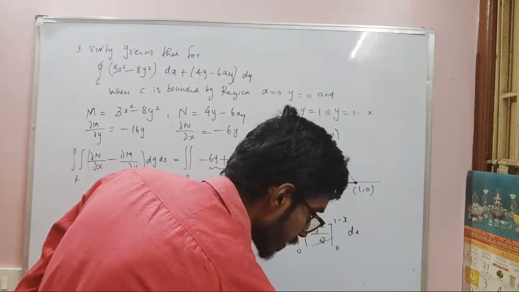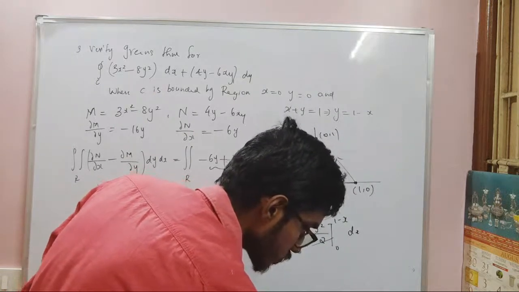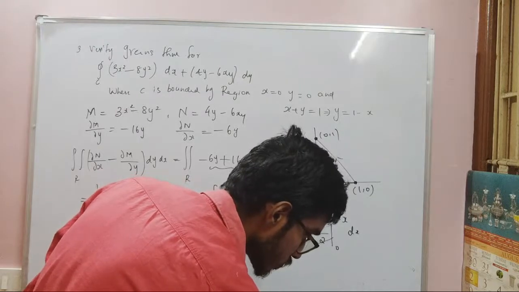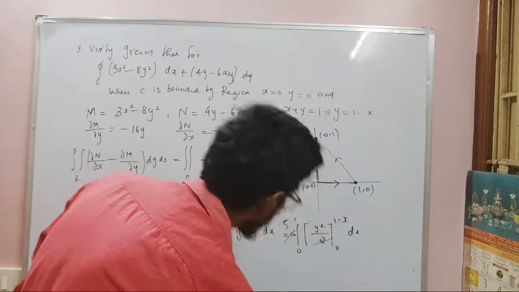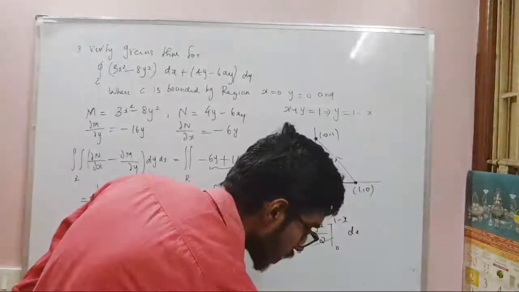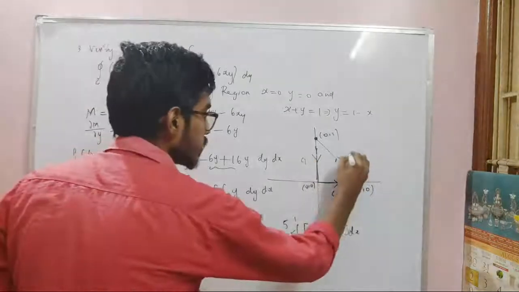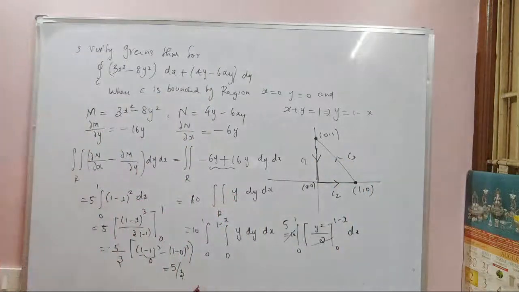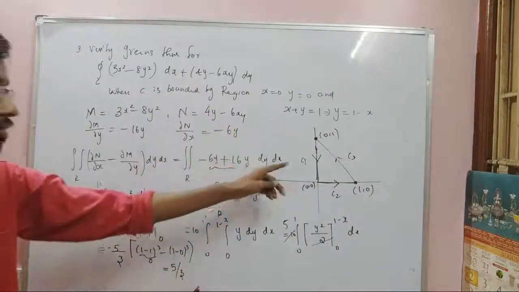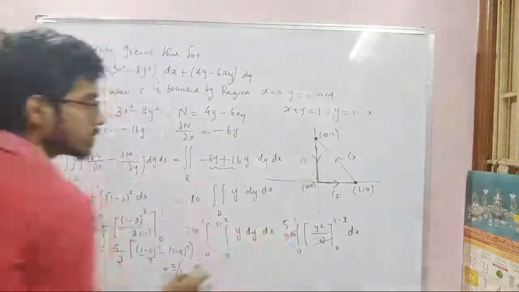Now we need to find the line integral. We have 3 curves, C1, C2, C3. Let us say this is C1, this is C2, this is C3. For C1 you can see x is 0 and y varies from 0 to 1.